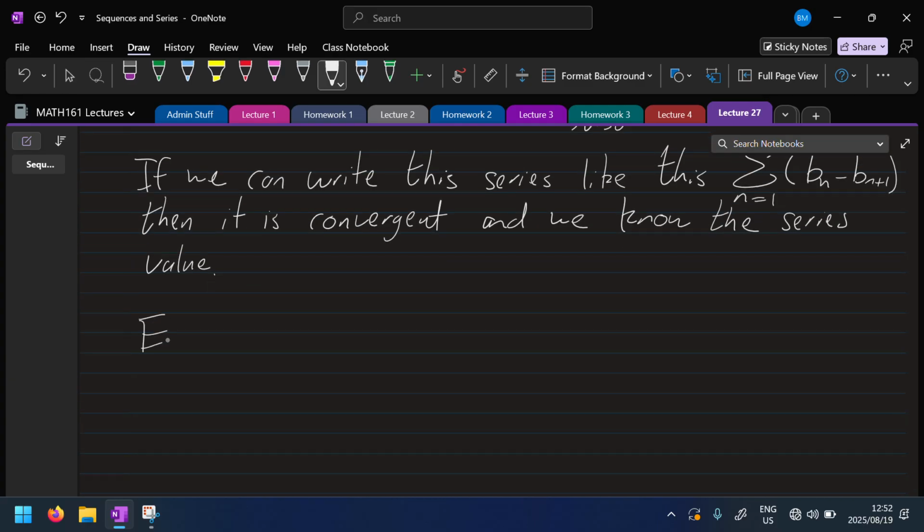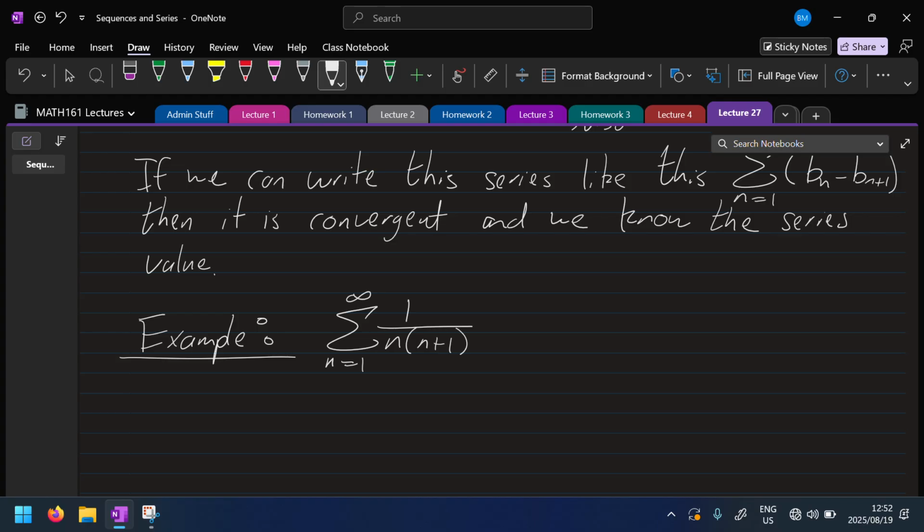So example. Today we'll do the multiple methods. On Thursday, I'll just show you one method for each of them. We have the sum, n goes from 1 to infinity of 1 over n times n plus 1. We're going to go through a couple of methods of solving this.